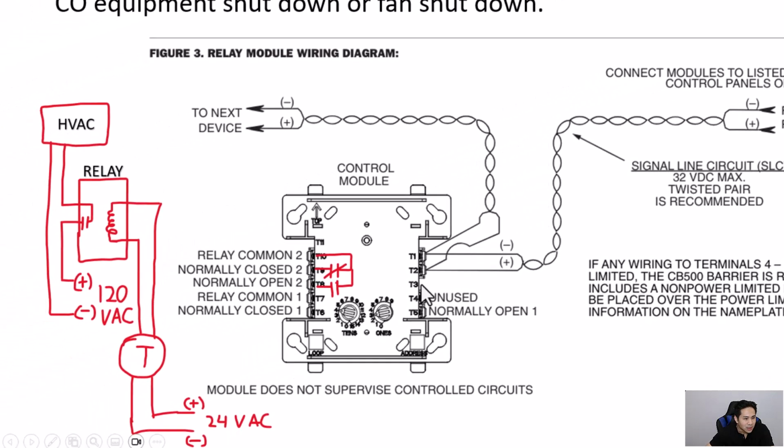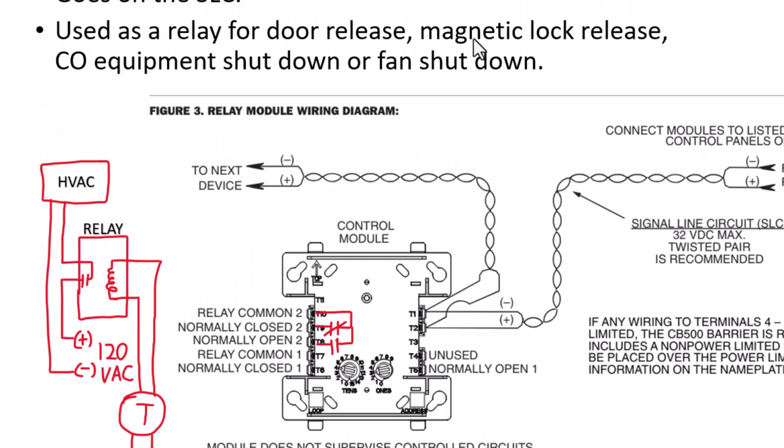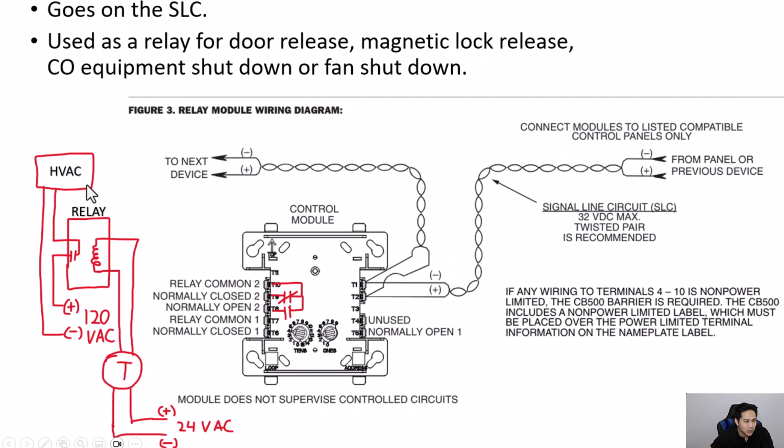So this can be used for fan shutdown. I drew a diagram of an HVAC system here. This could be the air conditioning unit, and within the air conditioning unit it has a relay inside, and that relay is connected to the thermostat. All of this thermostat wiring is low voltage, so it's 24 volt AC typically.